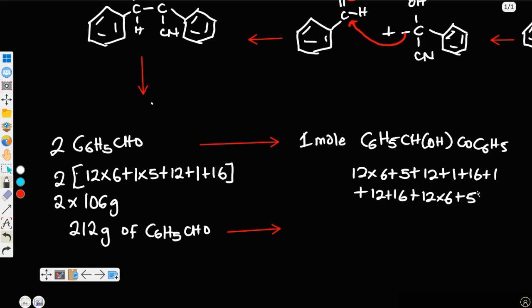What do you think that is going to give to us? So we have 12 times 6 plus 5 plus 13 plus 17 plus 12 plus 16 plus 12 times 6 plus 5. Okay, that one gave us 212. Are you sure? Yeah, it gave us 212.